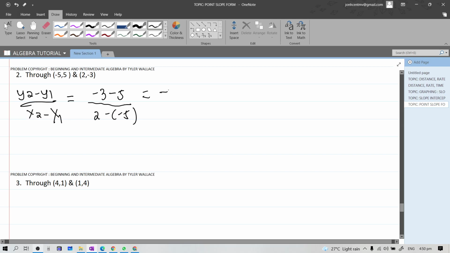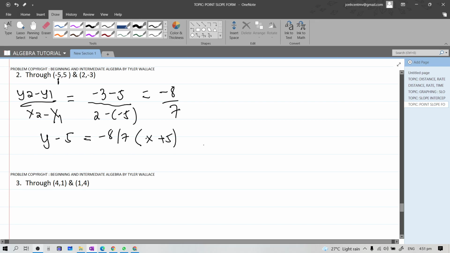So, that will give you negative 8 over 7. Then y minus y sub 1, 5, is equals to negative 8 over 7 times x minus, our x sub 1 is negative 5. So, it becomes positive, x plus 5, to be faster.